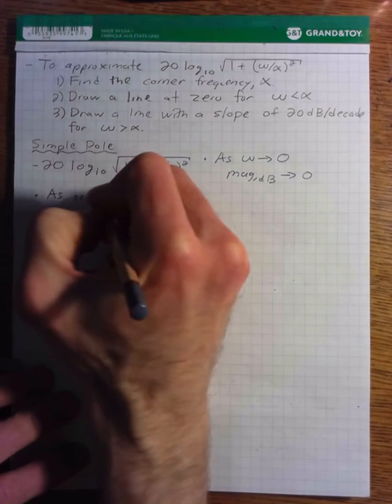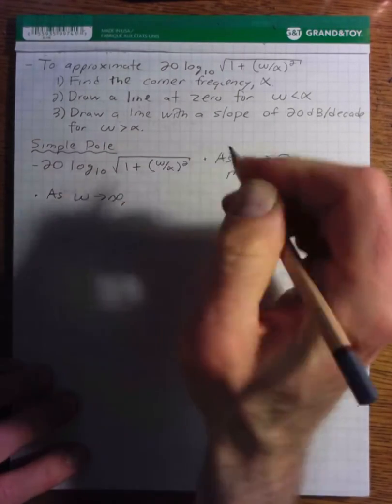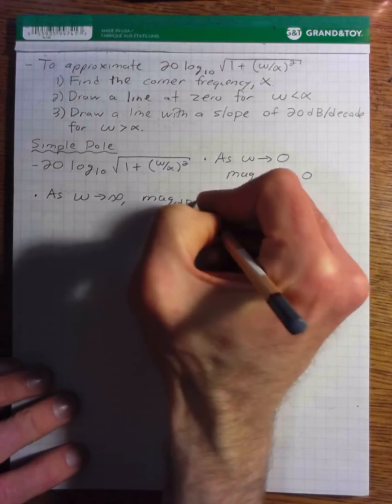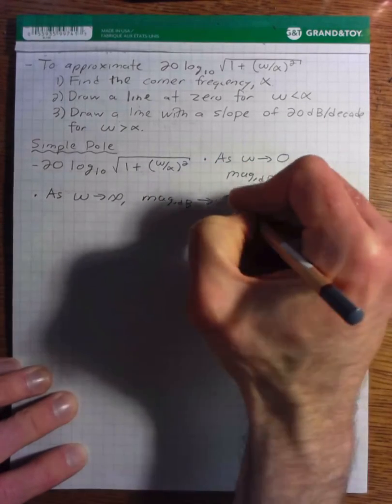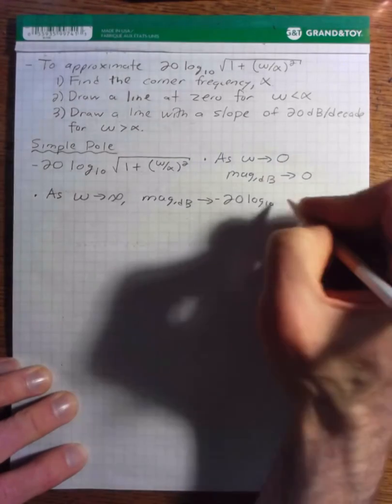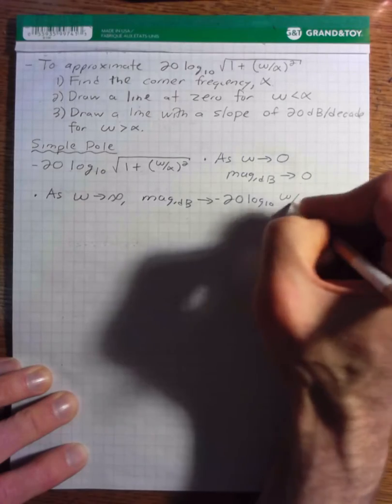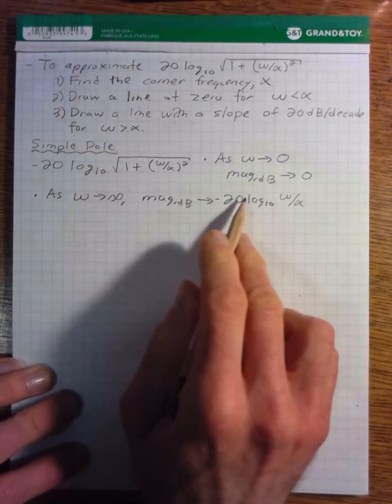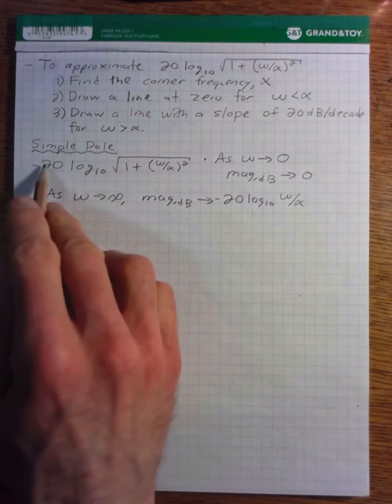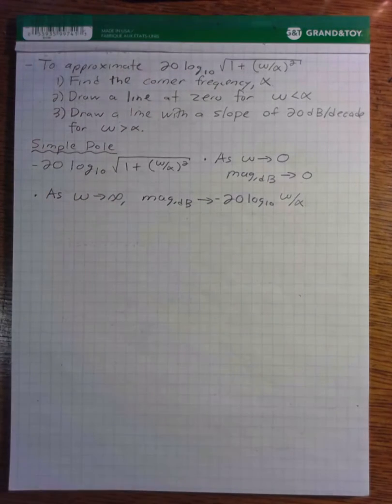And then as omega approaches infinity, the magnitude in dB approaches minus 20 log 10 of omega divided by alpha. If this isn't clear, it's exactly the same as the simple zero. The only difference is we have a negative sign in front.